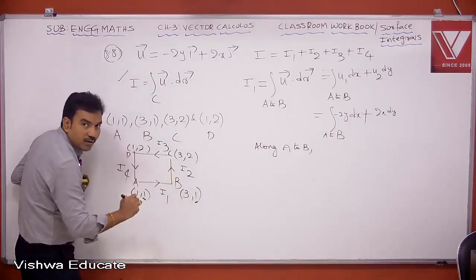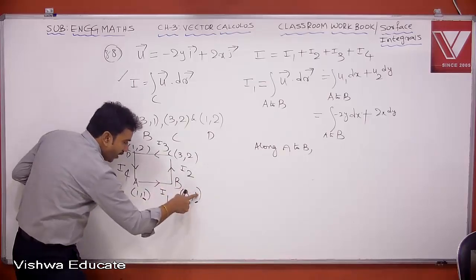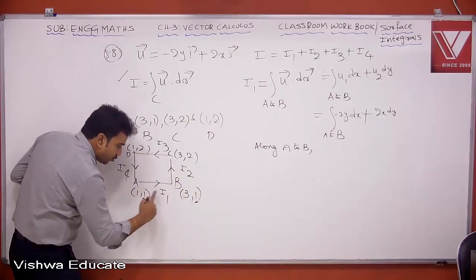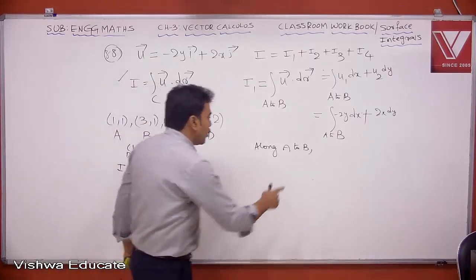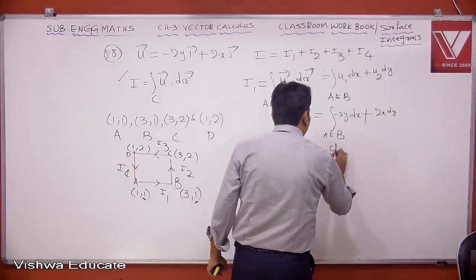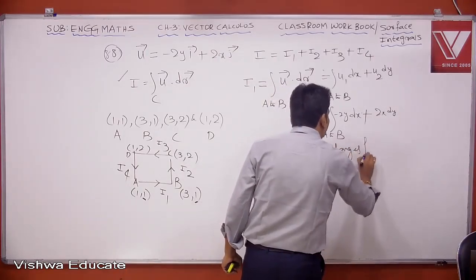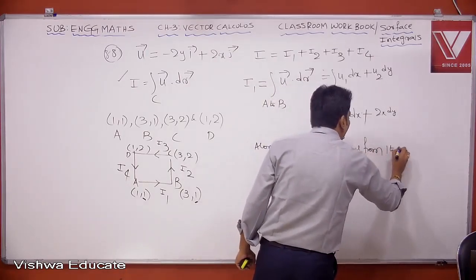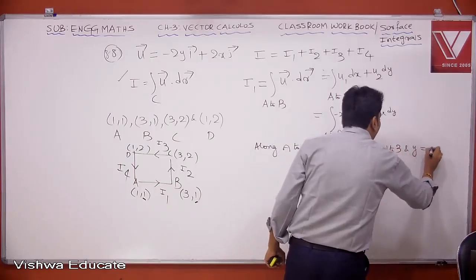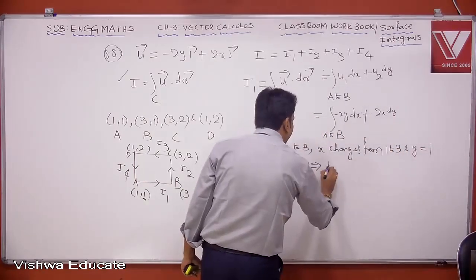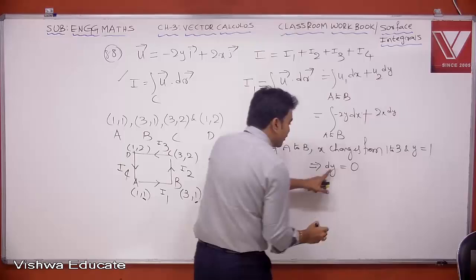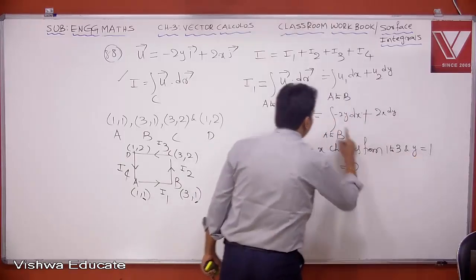Y is not changing, it is 1. But x is changing from 1 to 3. Y value is constant. So along A to B, x changes from 1 to 3 and y equals a constant. This implies dy must be 0, because the difference in y is 0 since y is a constant.